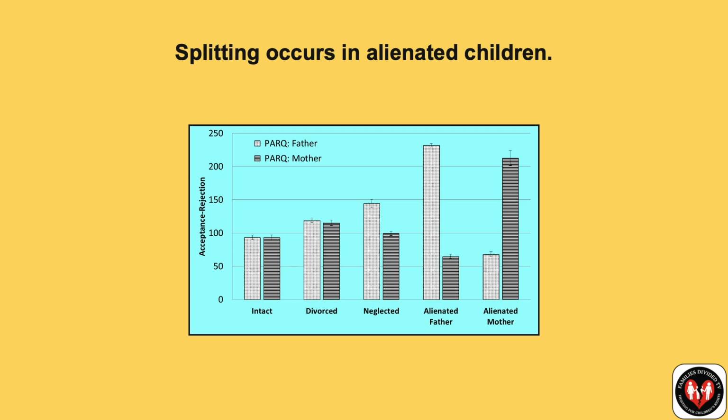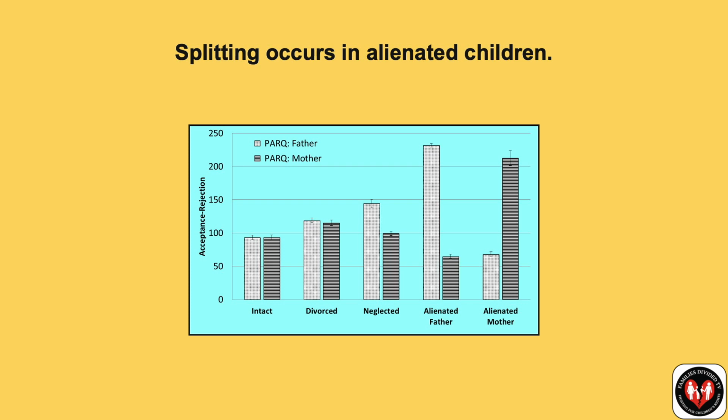In that case, the opinion of the father was extremely negative, and the opinion of the mother was extremely positive. And then the other group on the right-hand side says alienated mother. In that group, the child's opinion about the mother was extremely negative, and the opinion about the father was extremely positive.